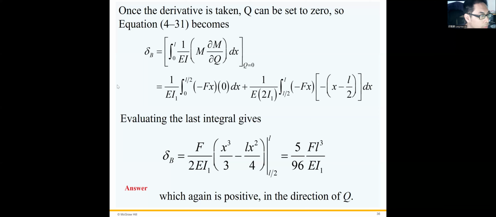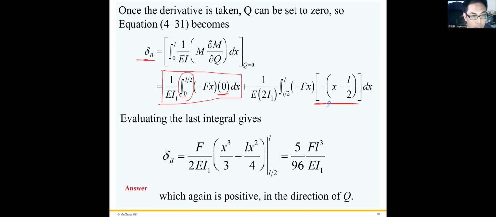Okay, and then we can figure out what the deflection is at point B. Also, there are two terms. The first section, x from 0 to half L, we already calculated the derivative of the moment with respect to Q in the first section equals 0, and we also found the derivative of the moment with respect to Q in the second section.